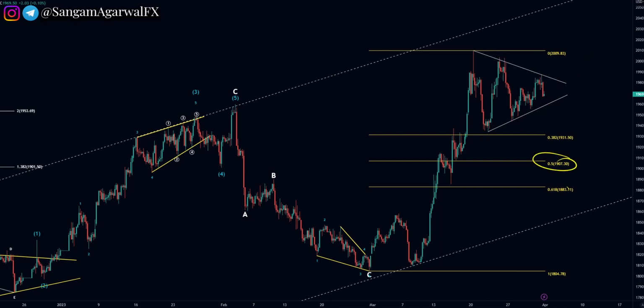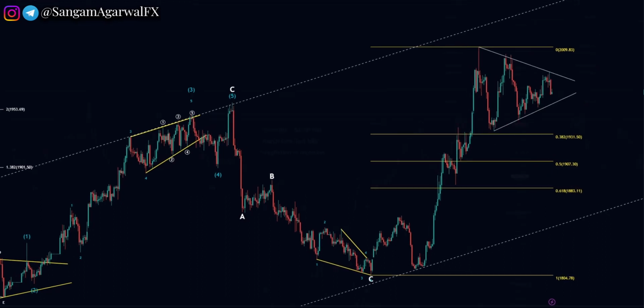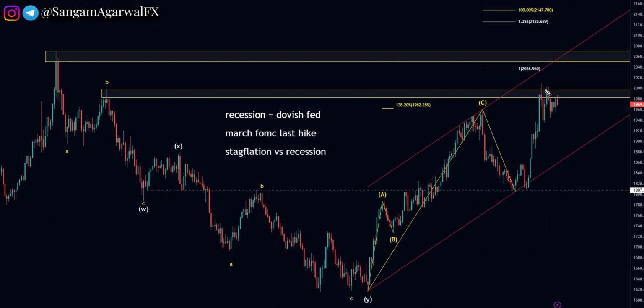And these two levels are your support level, and for upside breakout above 2009, on daily time frame, these two are your key resistance level.